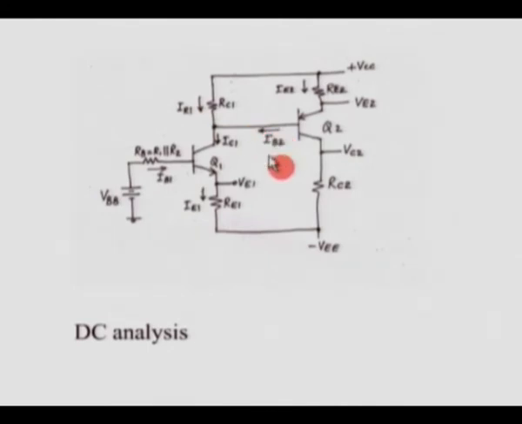So how do we solve this kind of a situation? Here we need to write a simple equation. Let us see how we can solve this. We can write an equation for IE2, the emitter current of the second amplifier, as VCC minus VE divided by RE2.